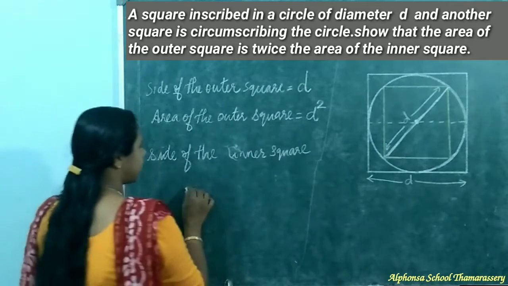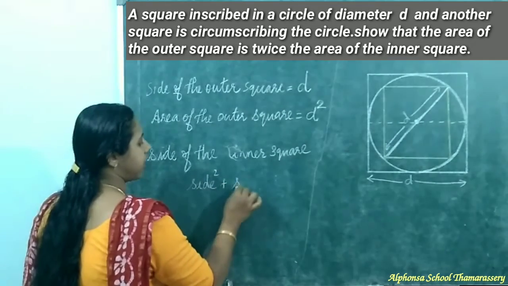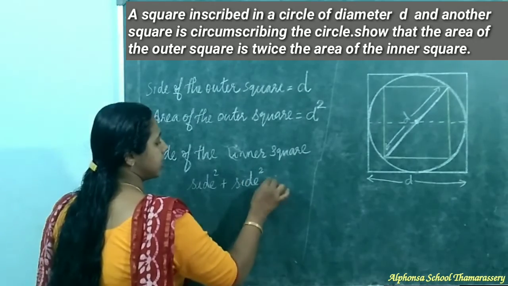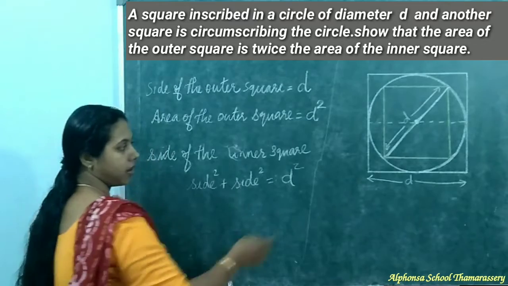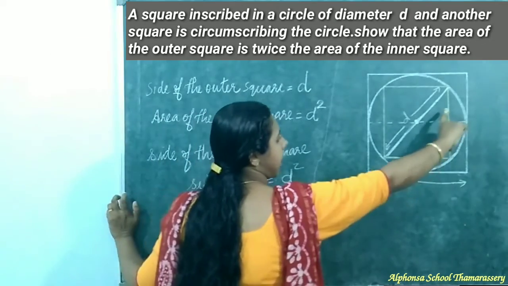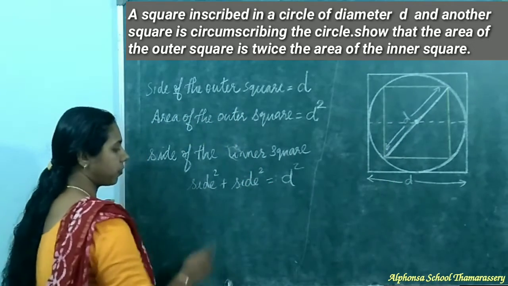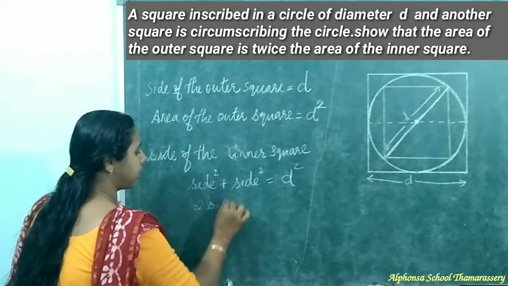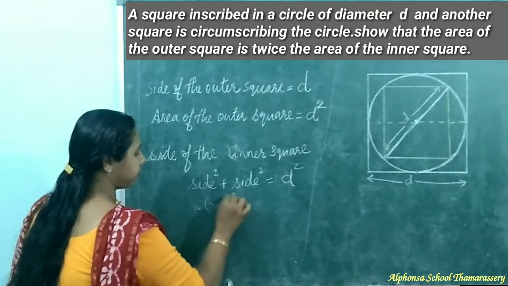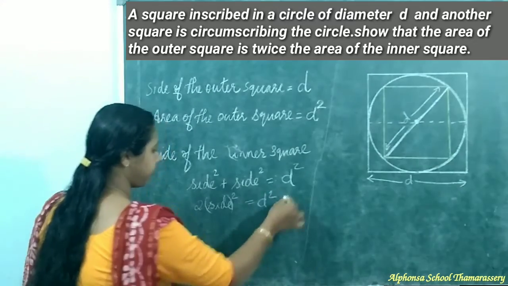So side square plus side square is equal to d square. Base square plus altitude square is equal to hypotenuse square. So 2 side square is equal to d square.